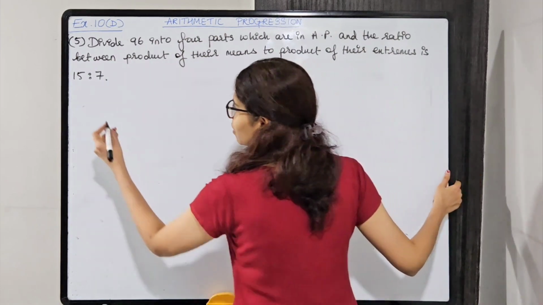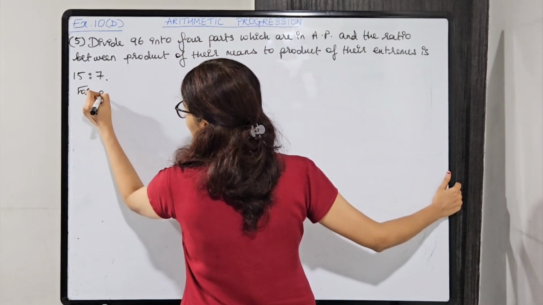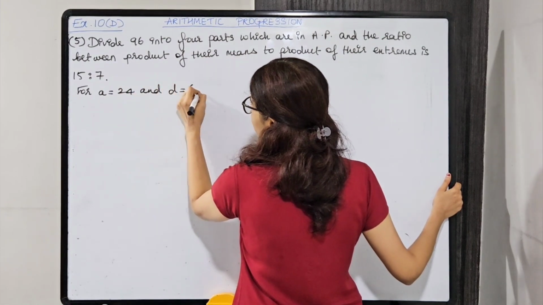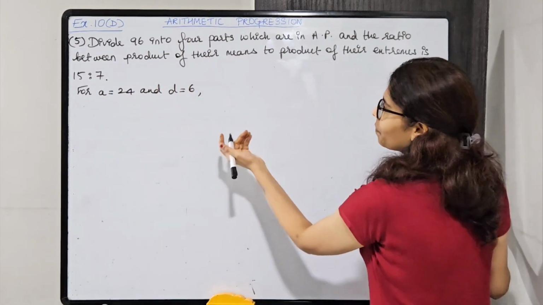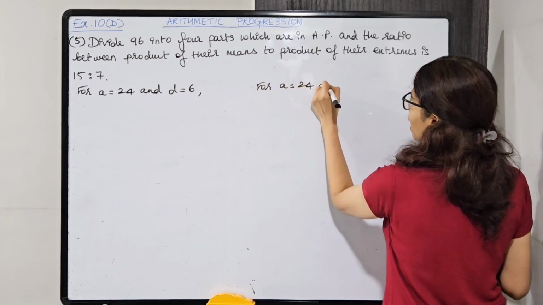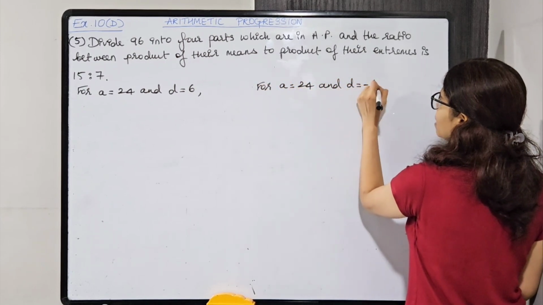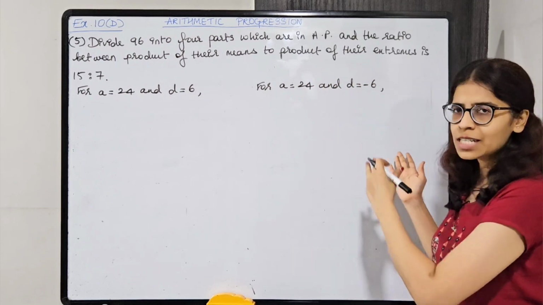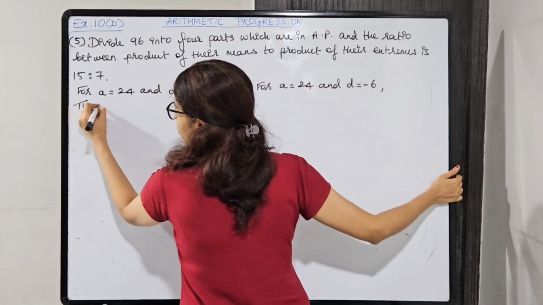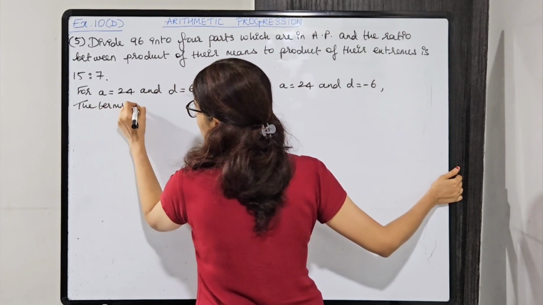So for a equals to 24 and d equals to 6, we'll get some terms, and for a equals to 24 and d equals to minus 6, some other terms. Reverse AP मिलेगा.